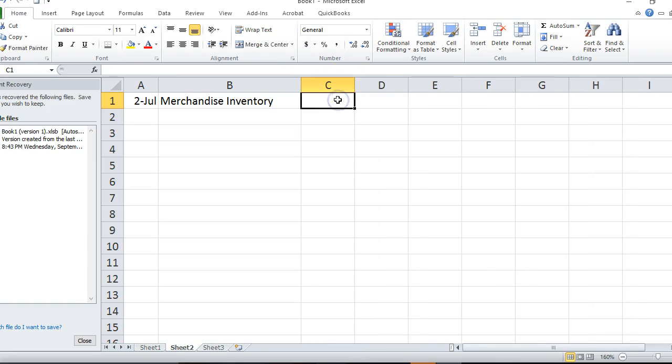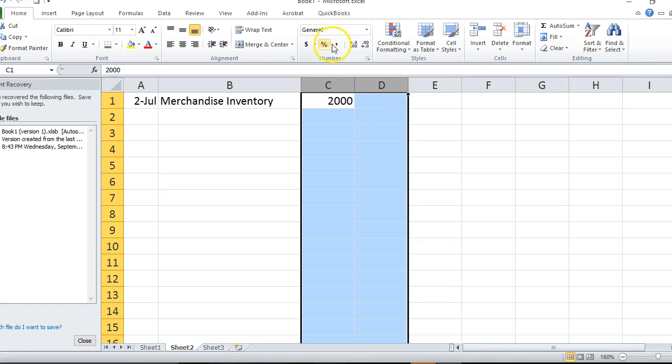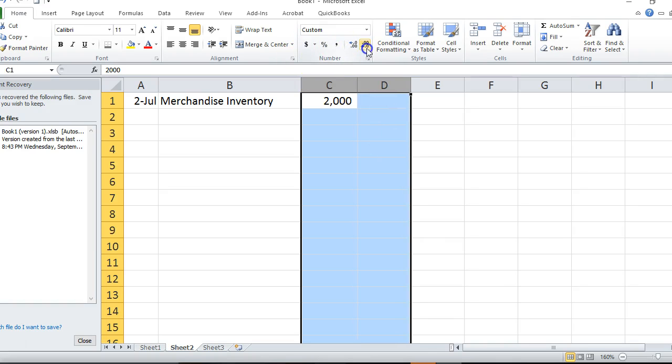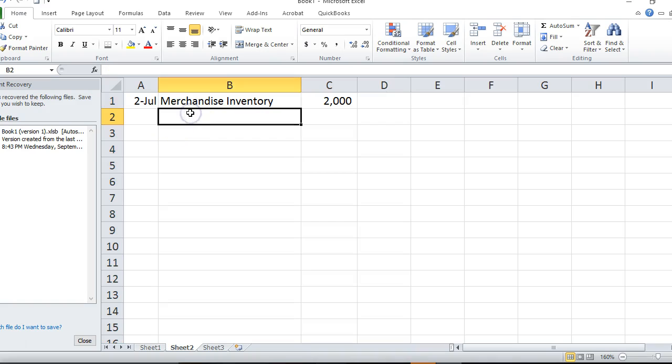And we are increasing our merchandise inventory by $2,000, right? And we owe them money, don't we? So we're going to credit accounts payable for $2,000.